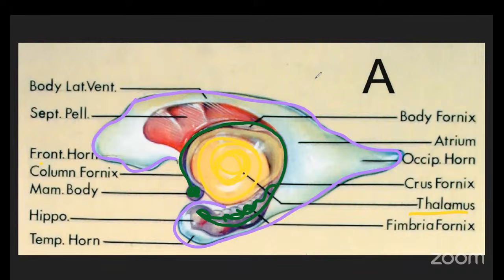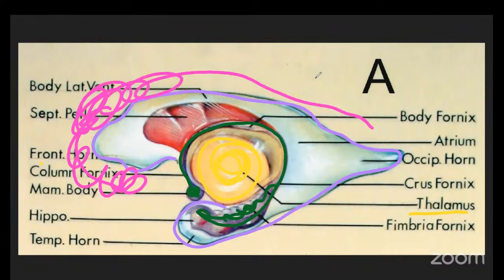Let me draw. There will be a structure which will go like a C, more or less, following the corpus callosum. So these are four main structures that we need to be aware of when we are talking about the lateral ventricle and its relationships. It's easy to understand if you have a clear idea of the orientation, because then it would make understanding the walls and the parts, etc., easier.